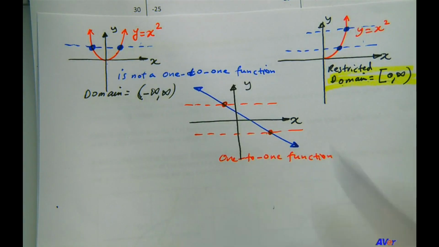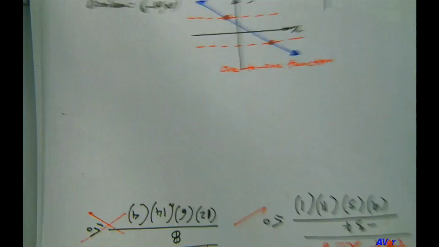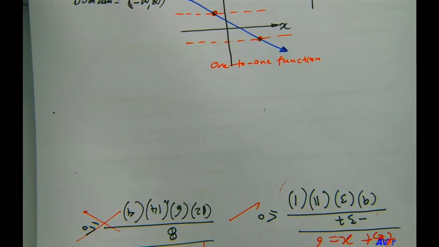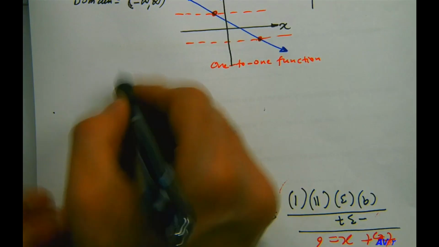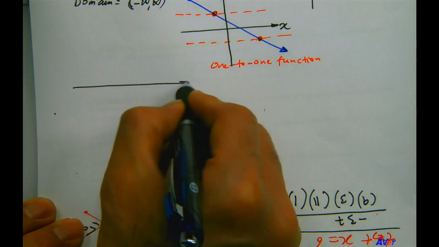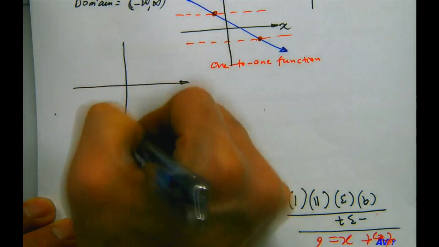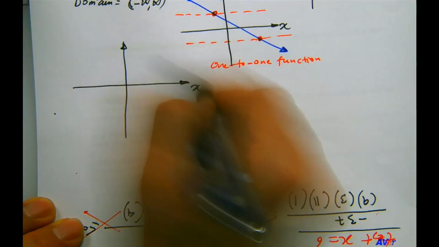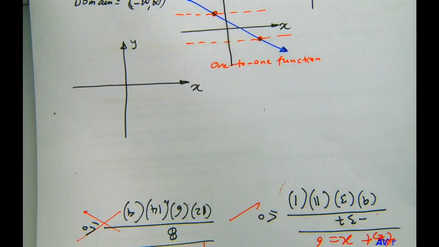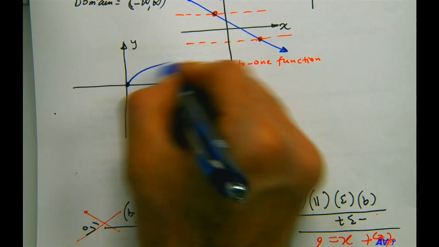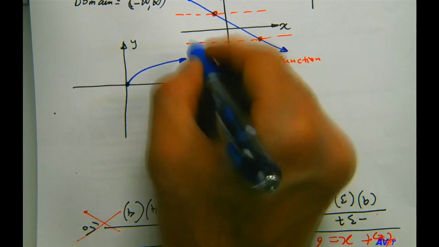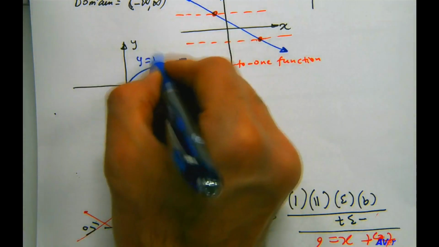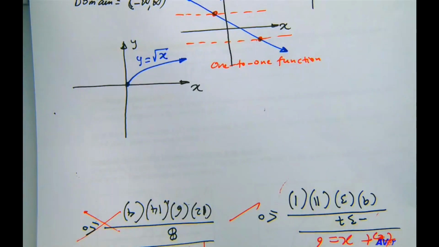What is another example of a one-to-one function? The square root function. The basic square root function is one-to-one. Here's the graph of a basic square root function. It'll look like that, and this is y equals square root of x.